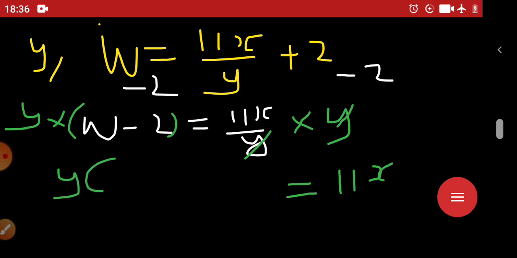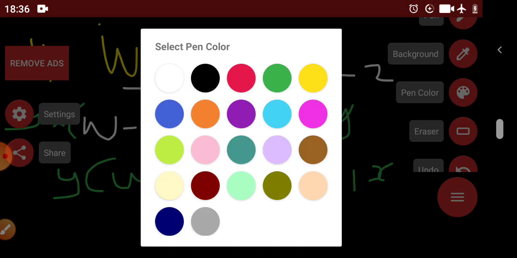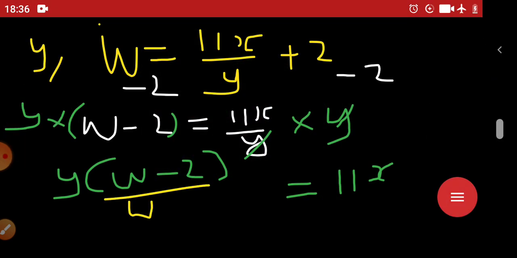Here we have y brackets w minus 2. So because we want y, we can then divide by w minus 2 both sides, such that we'll be left with y is equal to 11x over w minus 2.